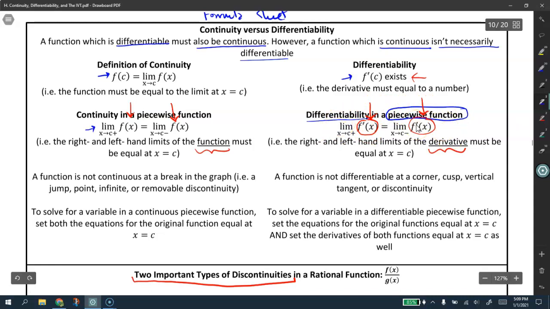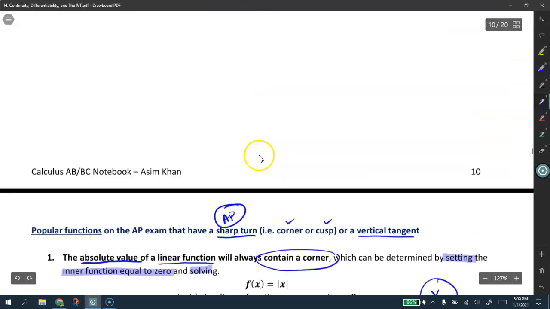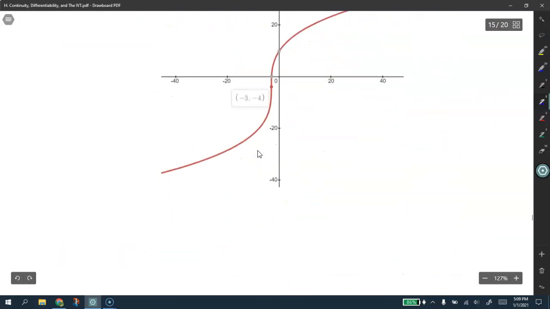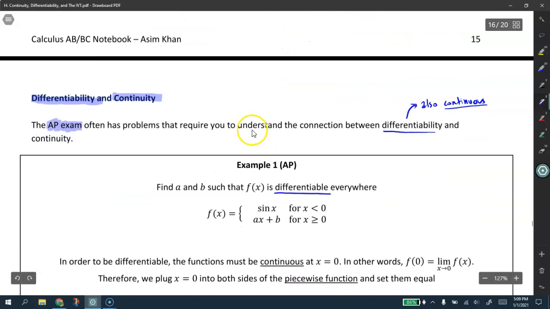But since differentiable implies continuous, if you ever hear the word differentiable, you can also assume that the functions are going to be equal to one another. So how does that exactly apply? This is what I want to discuss in this example and several examples after this as well.